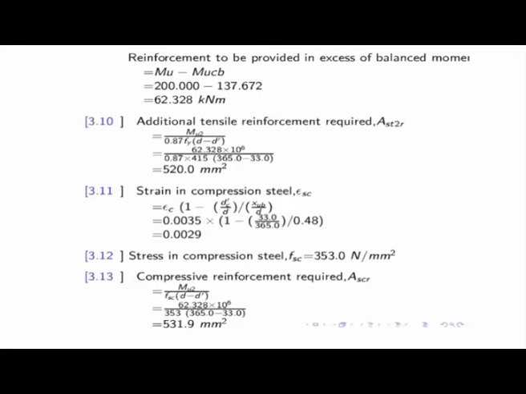So 113 into 5 comes as 565 square millimeter, which is very close to 532. So this way we do it. That means you will find a designer who is not only concerned with safety, no doubt, but at the same time equally concerned with economy also. In that case he may pay for 5 bars of 12, so that he will come very close to that.